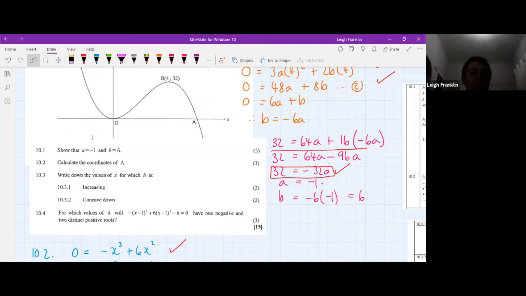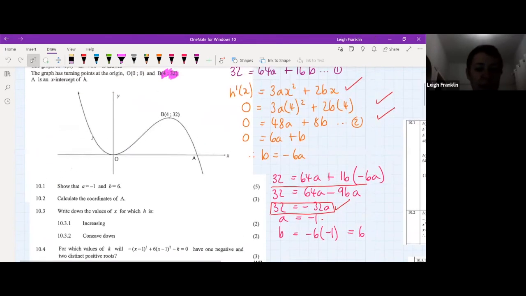Now in 10.3.1, they want us to write down the values of x for which h is increasing. Okay, so what does the word increasing mean? It means going up, Aisha.